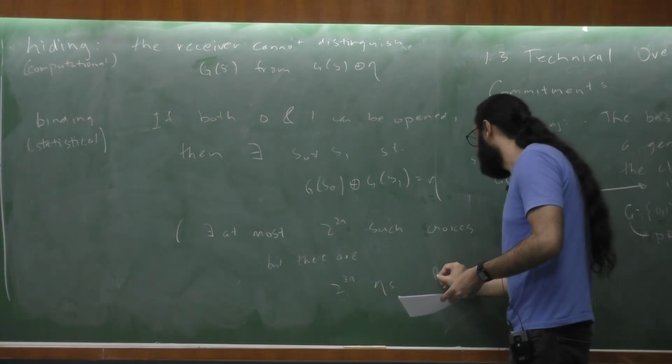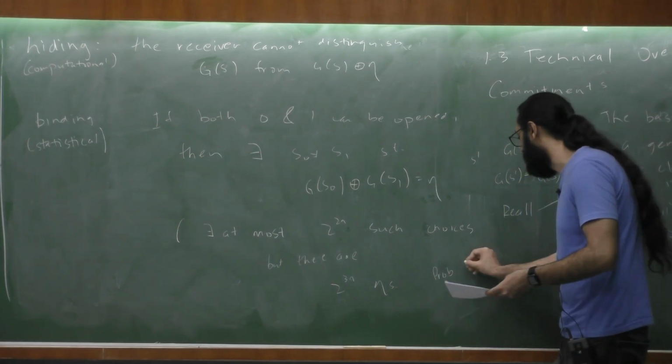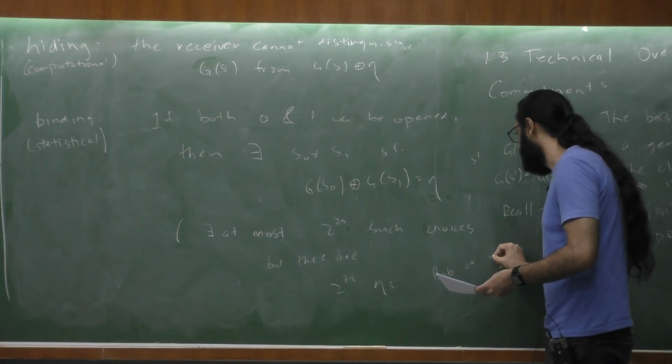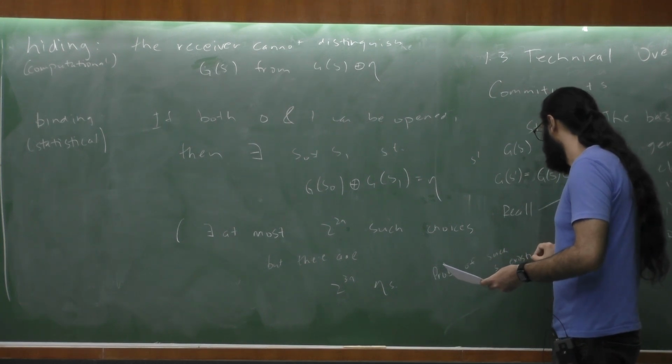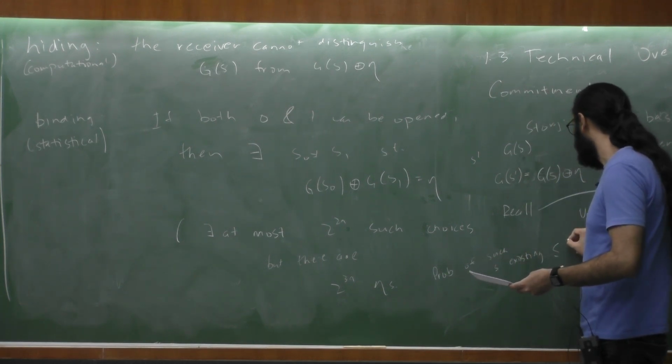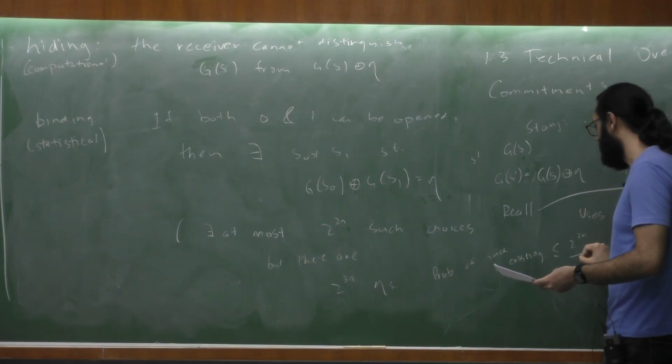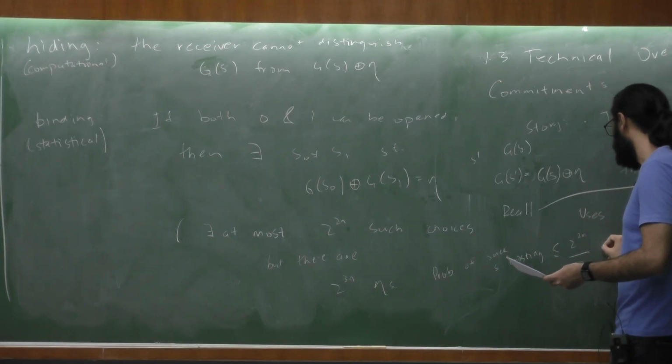So the probability that you would get one of the good etas, the probability of such S's existing, is at most 2 to the 2n divided by 2 to the 3n, which is 1 over 2 to the n.